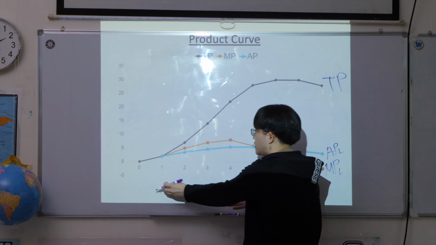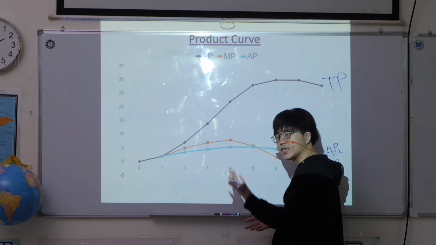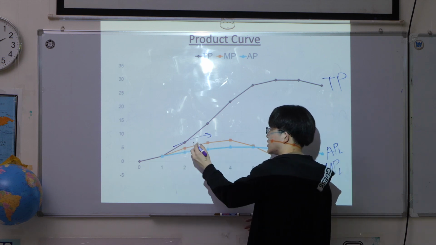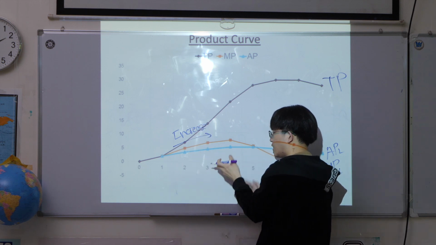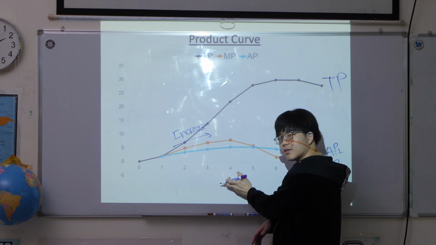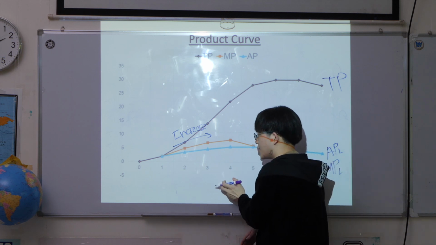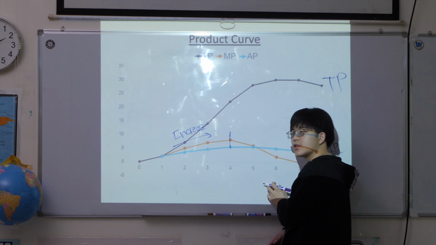From the first labor to the fourth labor, it has the feature of increasing rates. So it starts to increase from the first labor, and it stops increasing at the fourth labor, right? But after the fourth labor, it starts to decrease.